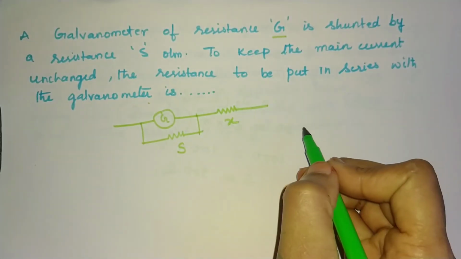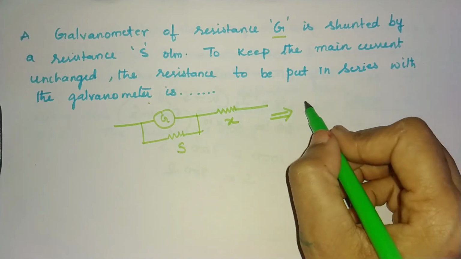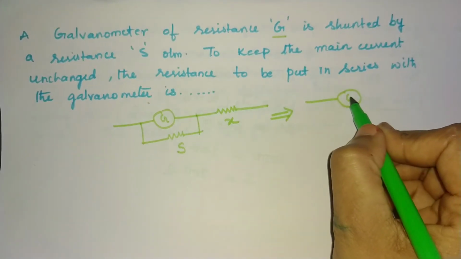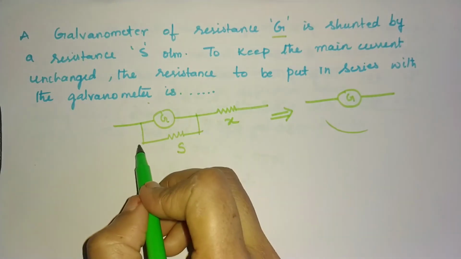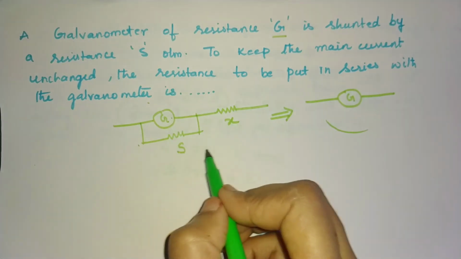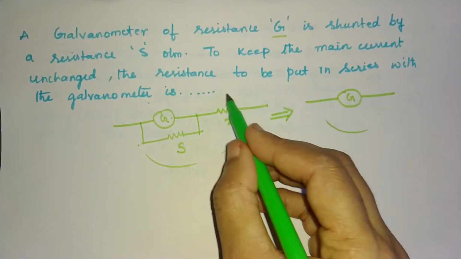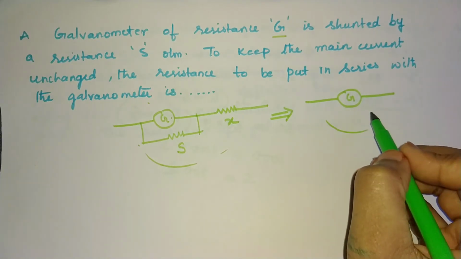Let this resistance be X, so that it will have the same current as the initial current. Initially this was your arrangement. No shunt is added. Current in this branch should be equal to current in this branch. It is possible only when the resistance of these three resistors becomes equal to the resistance of the galvanometer.